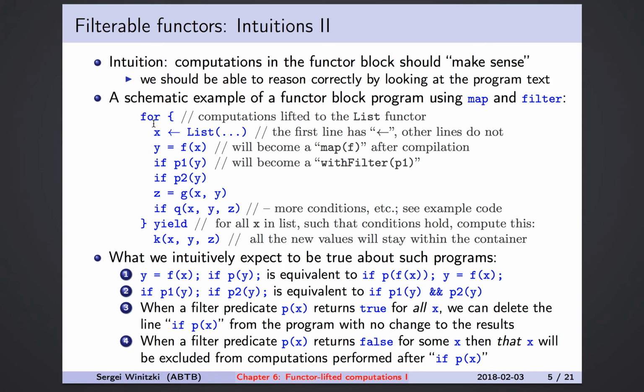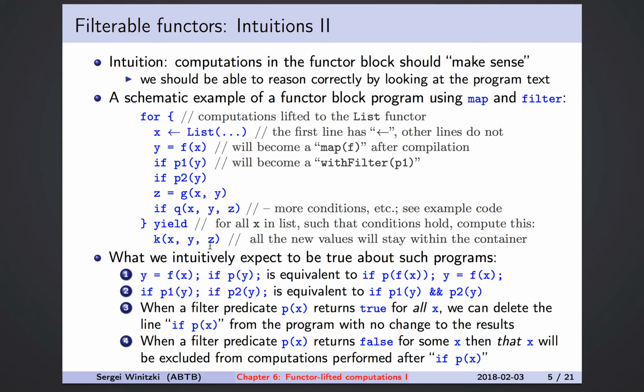So here's a kind of schematic example of a functor block program. The first line must be the line with a left arrow, which let's say has some functor on the right hand side, let's say list.